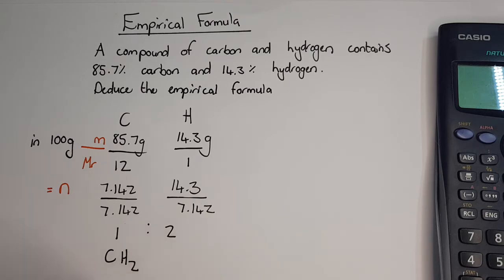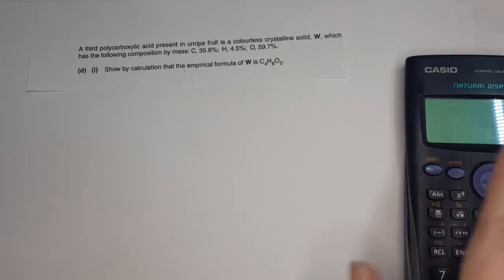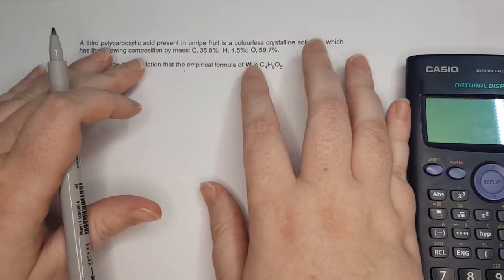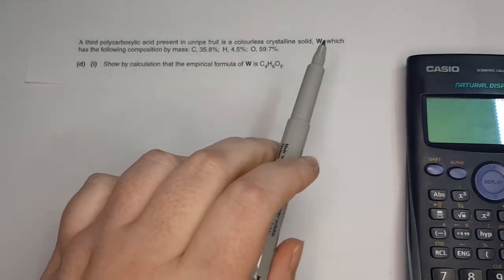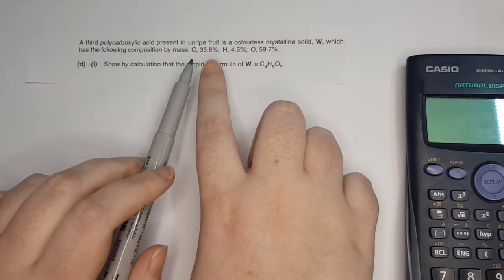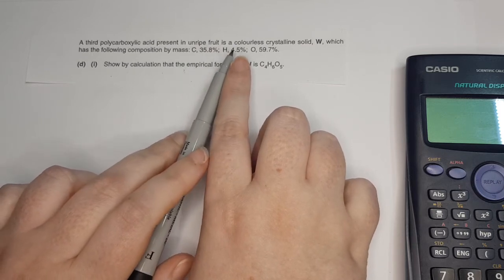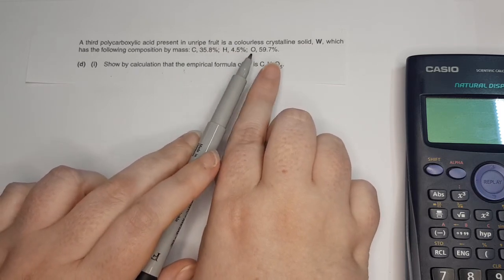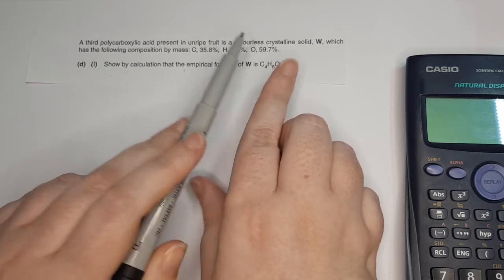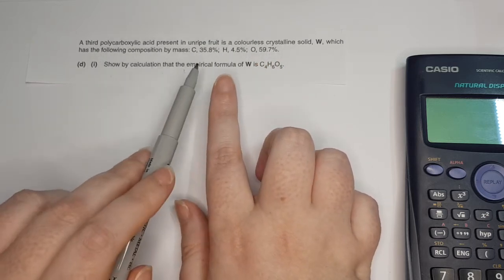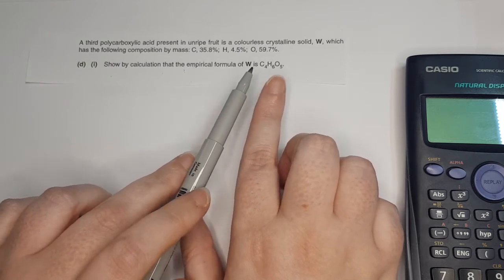If I look at another example, I've got a carboxylic acid, W, which has a composition of carbon as 35.8, hydrogen as 4.5, and oxygen as 59.7. And they want me to show by calculation that the empirical formula is C4H6O5.